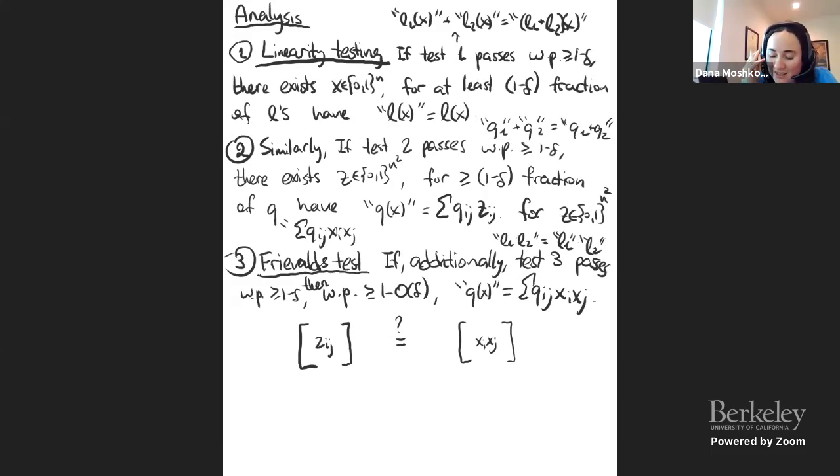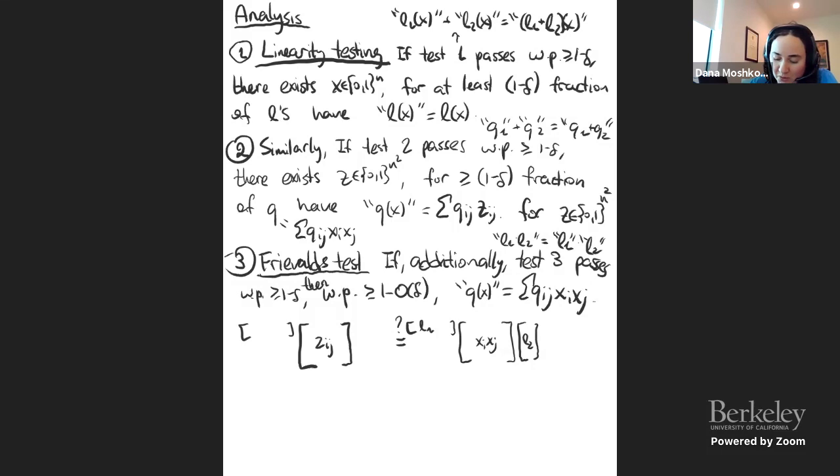Okay, so in 3, all we're trying to do is show that the Zij matrix is the same as the Xi times Xj matrix, and if it is, then 3 follows from 2. But let's remember what test 3 does. We take L1 and L2. Think of them as vectors: put the coefficients of L1 and the coefficients of L2 as vectors. These are matrices that are n by n, and each linear function has n coefficients.